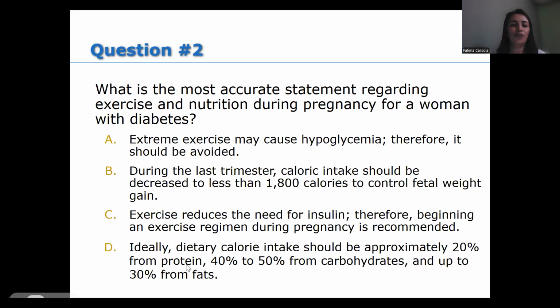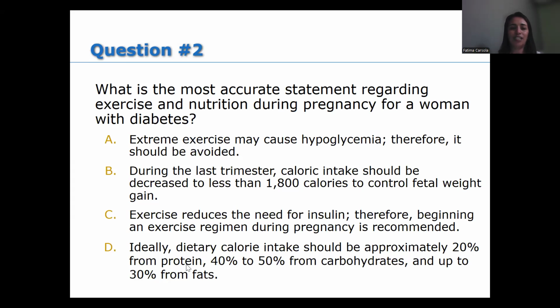Okay. Another question is, what is the most accurate statement regarding exercise and nutrition during pregnancy for a woman with diabetes? Letter A, extreme exercise may cause hypoglycemia, therefore it should be avoided. B, during the last trimester, caloric intake should be decreased to less than 1/8 calories to control fetal weight gain. Or C, exercise reduces the need for insulin, therefore beginning an exercise regimen during pregnancy is recommended.